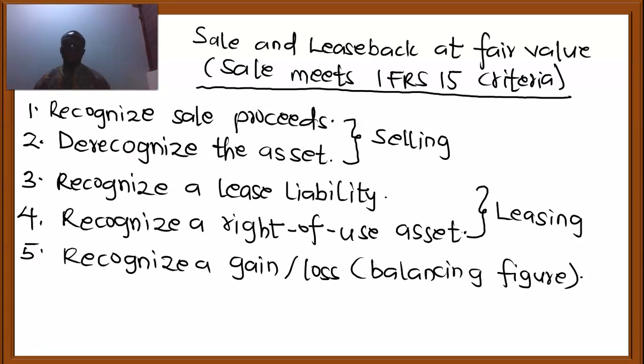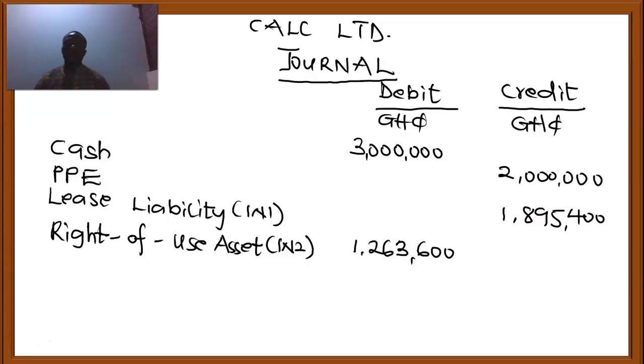Alright. The final step is to recognize a gain or loss on transfer as the balancing figure. So now we sum up the debit side, and also we sum up the credit side and determine which side falls short of the other. When you do the summation, you realize that the credit side falls short of the debit side by an amount of 368,200.